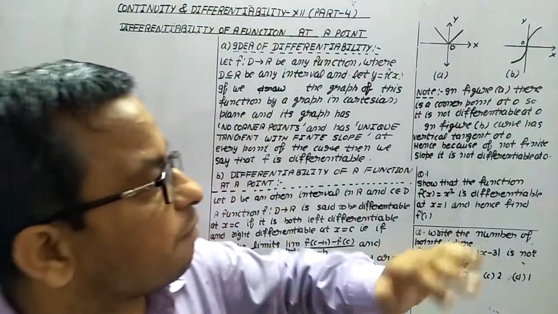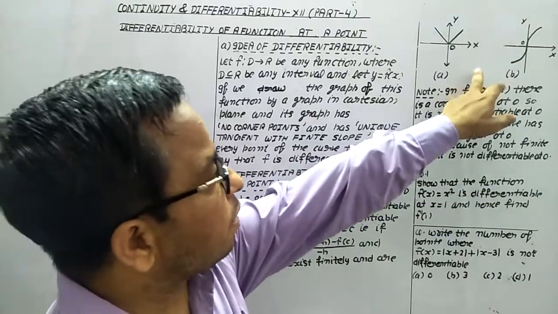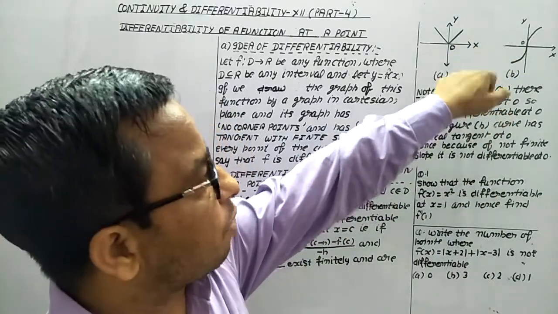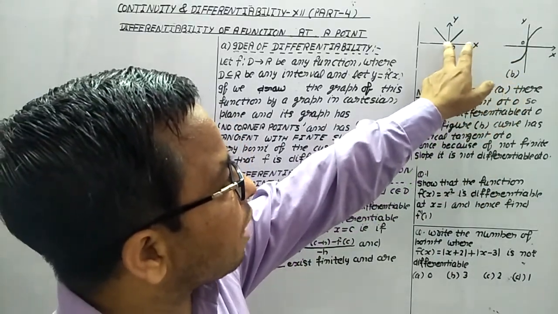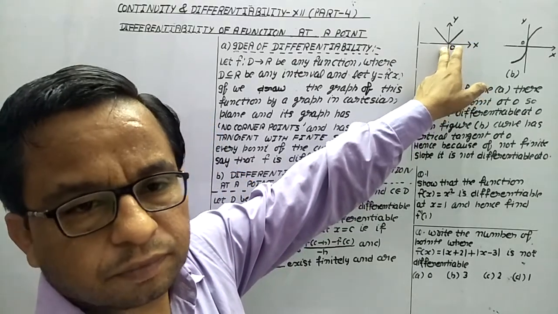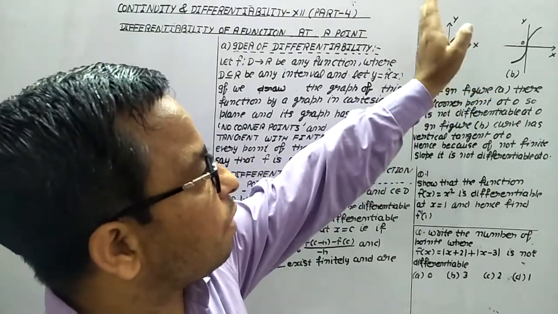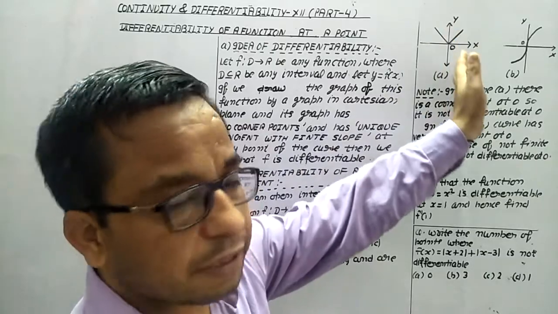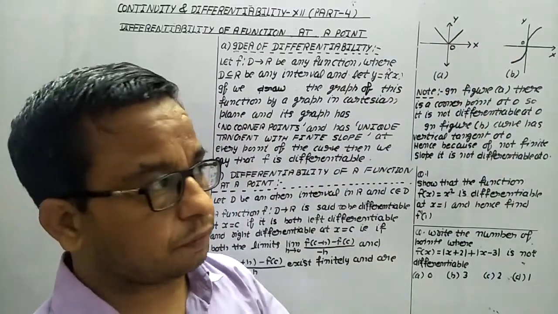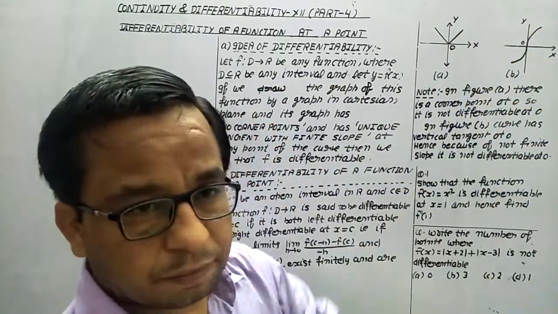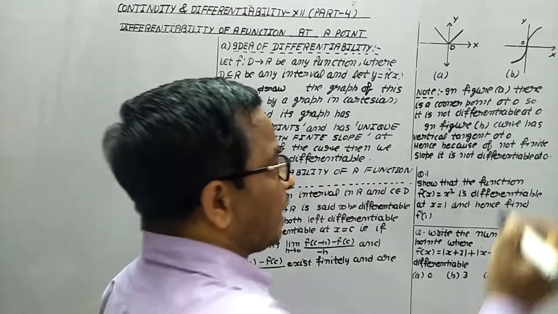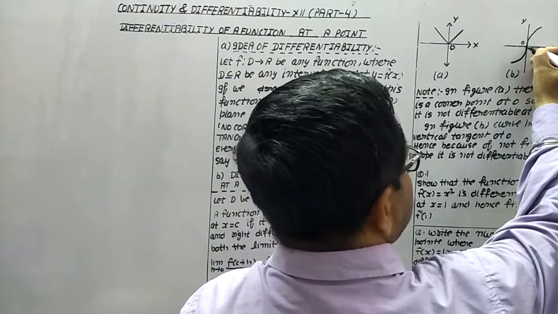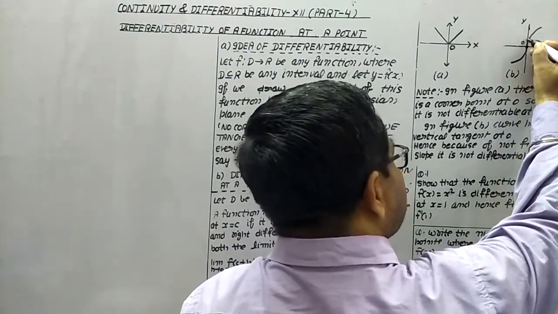Look at this. I have given two pictures. Now in this first figure, what are you observing? At O we have the corner point. That is why at O we will not say that the function is differentiable. In part B, what are you observing? At point O, we have the vertical line.